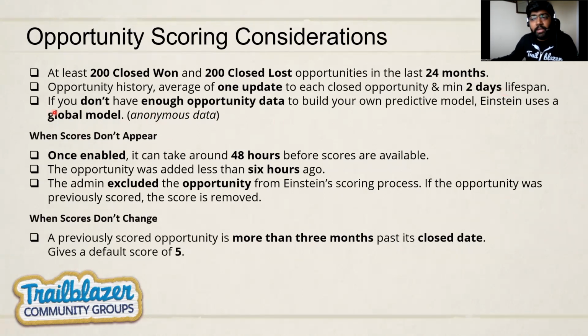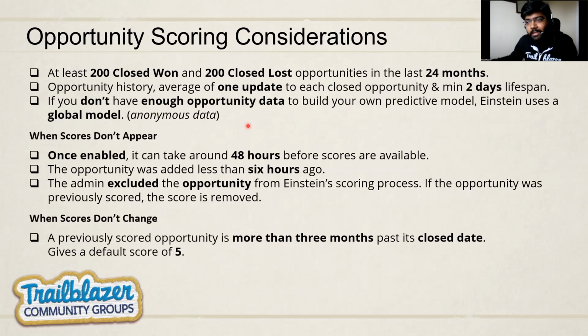And last, if you don't have enough opportunity data, it will still predict the score. In lead, it would not predict the score if it didn't meet the minimum data requirements. But for opportunity, if it doesn't meet the minimum data requirement, it will use a global model.